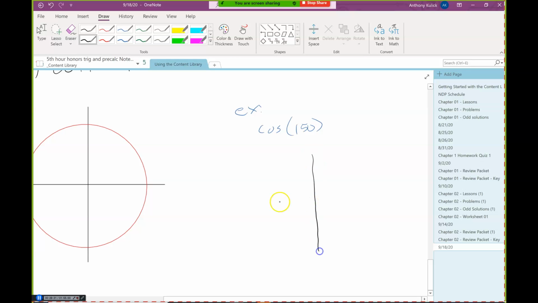what would I do? I'd have to start by drawing my 150 degree angle. So here's my initial side. I go 90 and then 60 more. Puts my terminal side over here. So that's 90 degrees, that's 60 more. Do you guys agree with that?